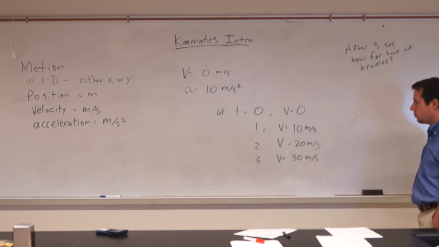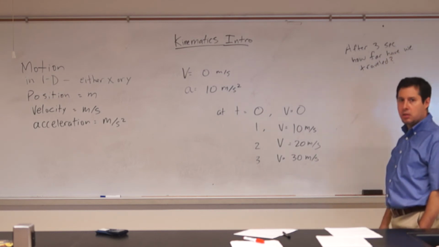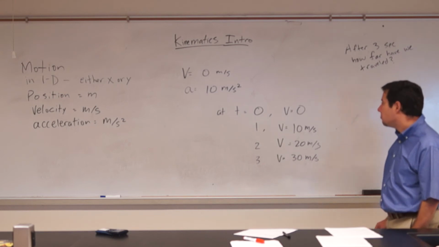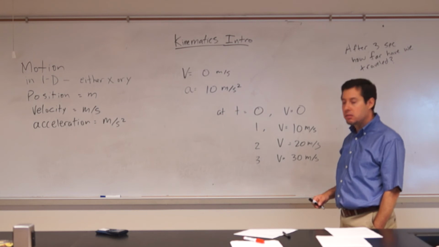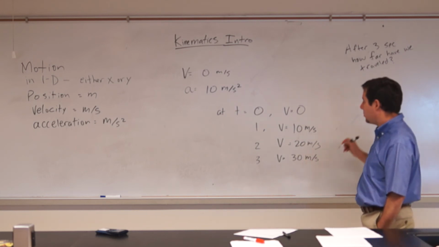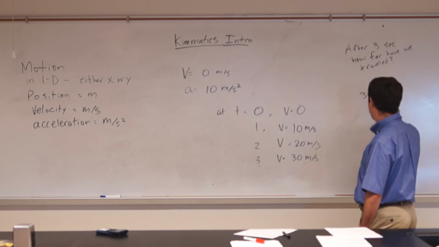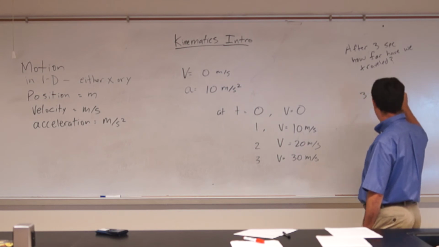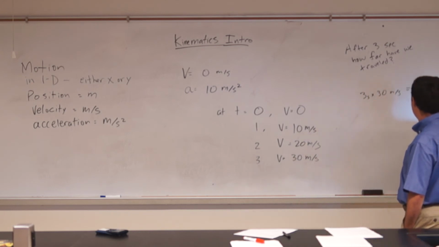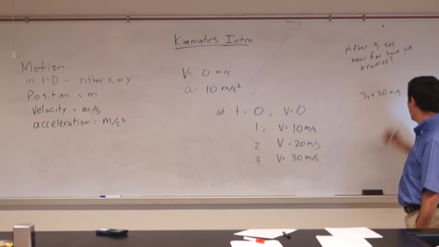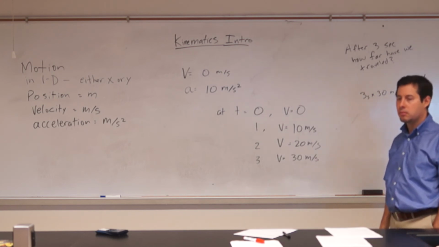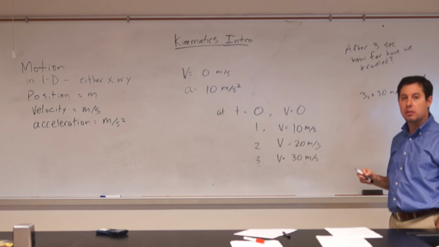You might be tempted to say, it's been 3 seconds, our velocity is 30 meters per second, 3 seconds times 30 is equal to 90 meters, right? But that's wrong. It's a common mistake, but it's wrong.